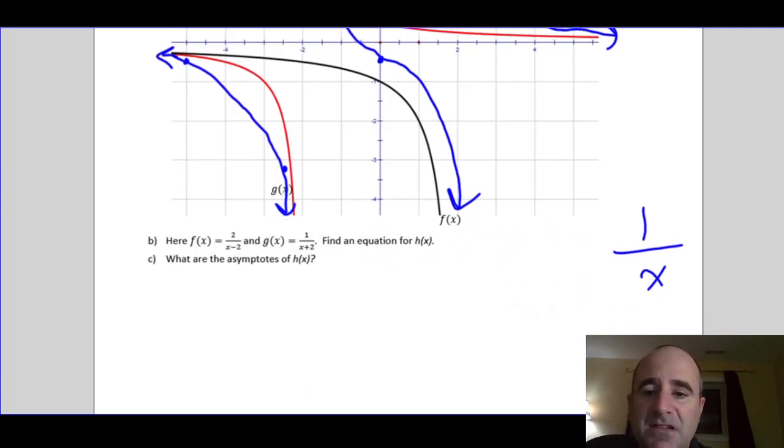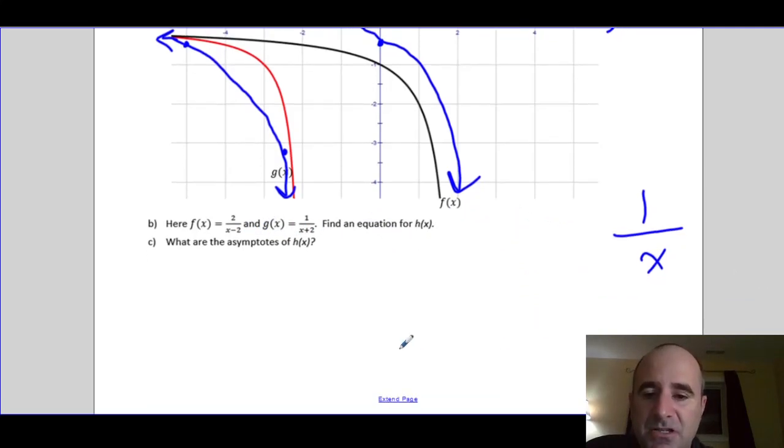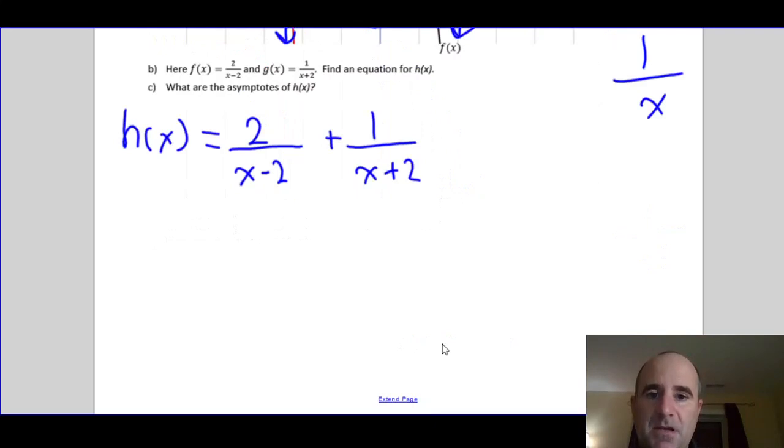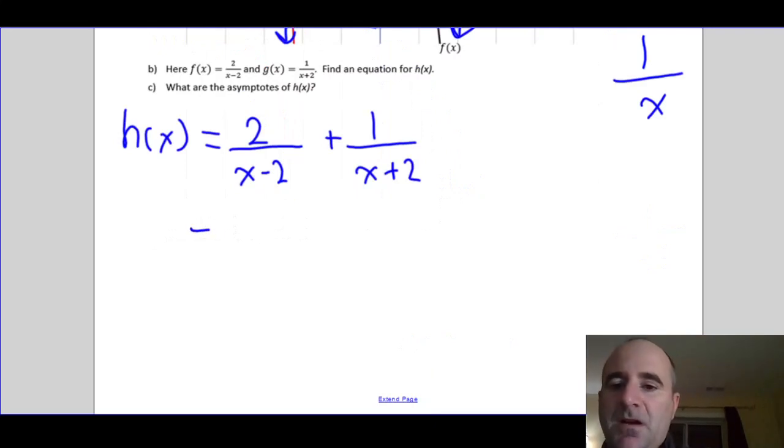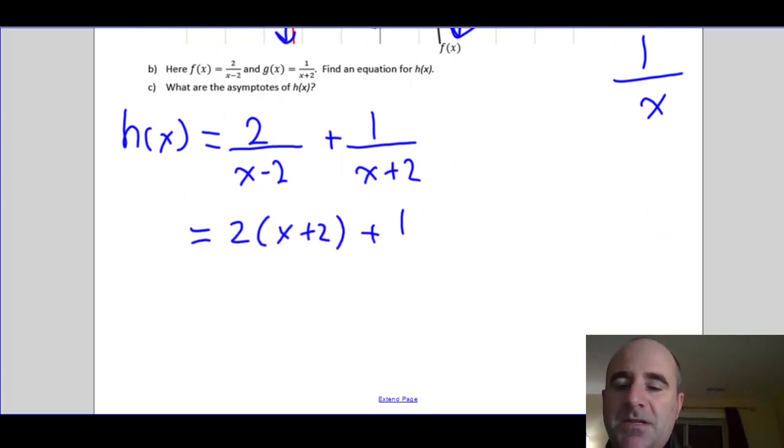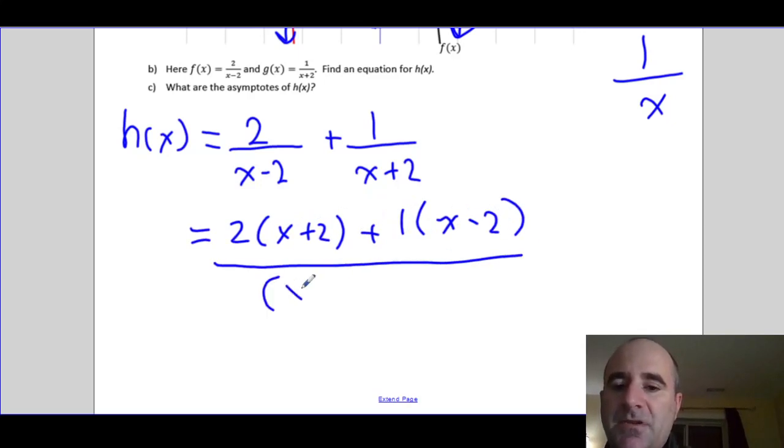So if h of x is f of x plus g of x, let's look at its equation next. We get 2 over x minus 2 plus 1 over x plus 2, which simplifies to 2 times (x plus 2) plus 1 times (x minus 2), all over (x minus 2)(x plus 2).